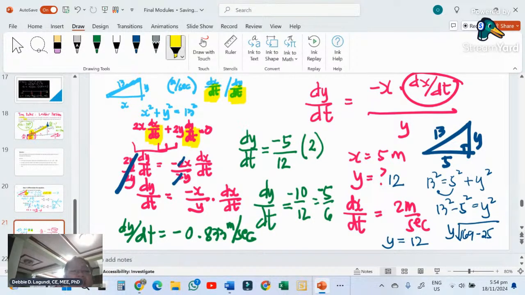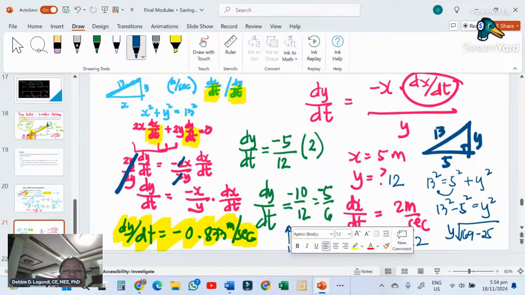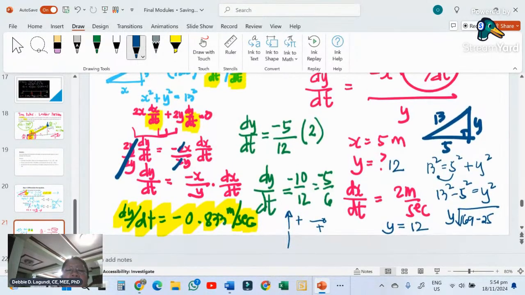What is the negative wants to tell us? The negative means it's going down because our positive is going up. Going up is positive, going to the right is positive. Any direction that is against our assumptions here, down will be negative, and to the left will be negative.